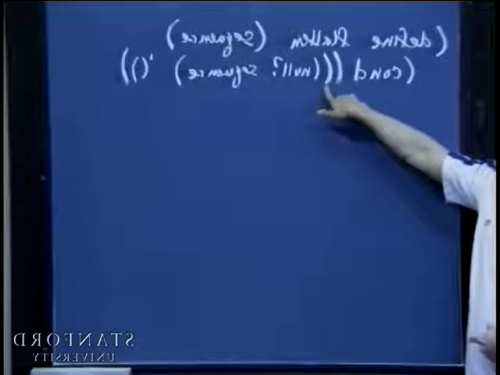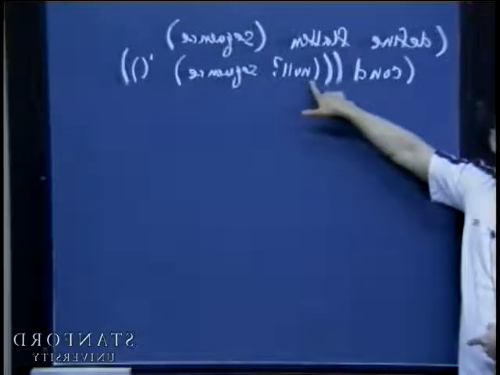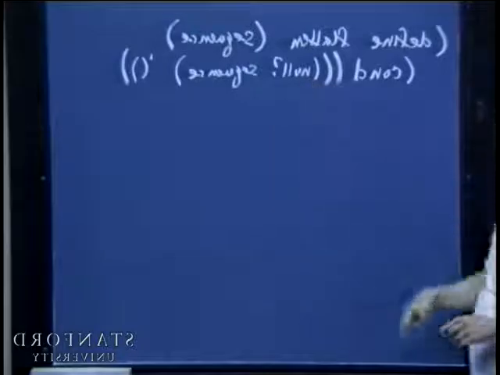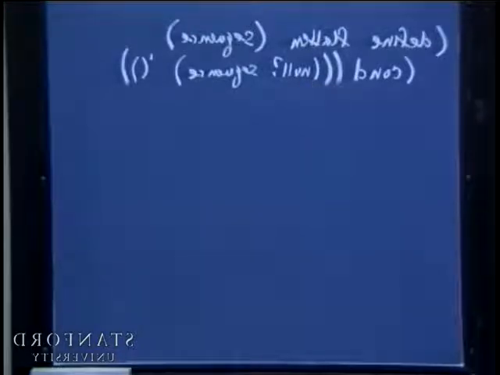This opens up the first pair. This happens to be associated with the test that's inside the pair. Okay? Does that make sense to people? Okay, it's just a lot of parentheses. It's easy to get once you type it in. But the first thing I want to check for is whether or not the sequence is null. Okay? Make sense?